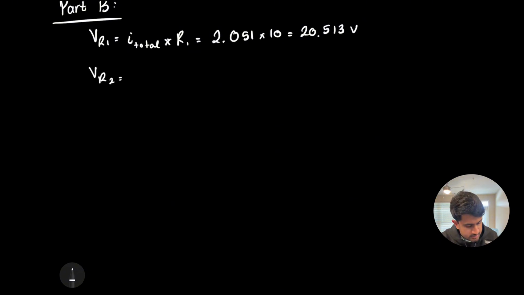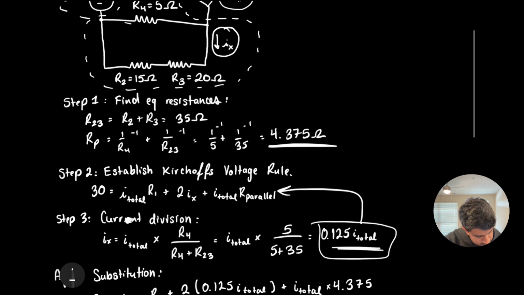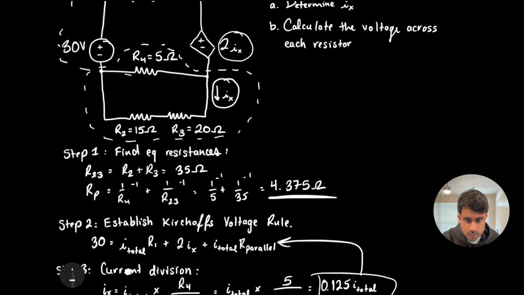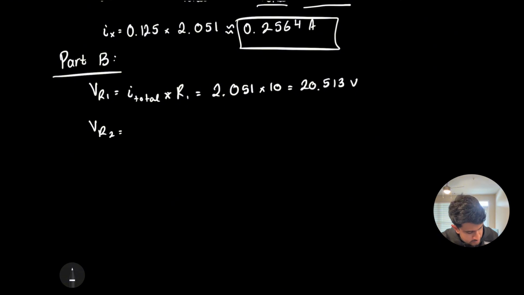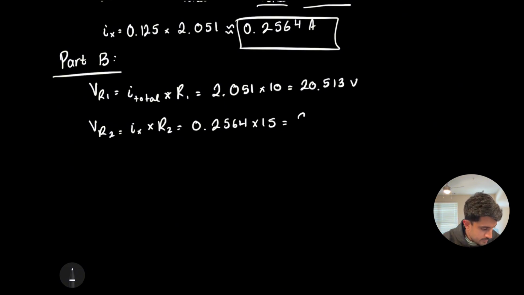VR2 is going to be something very similar. VR2 is this 15 ohm resistor right here. That 15 ohms multiplied by IX is what we're calculating. So IX times R2, that is 0.2564 times 15, which is 3.846 volts.